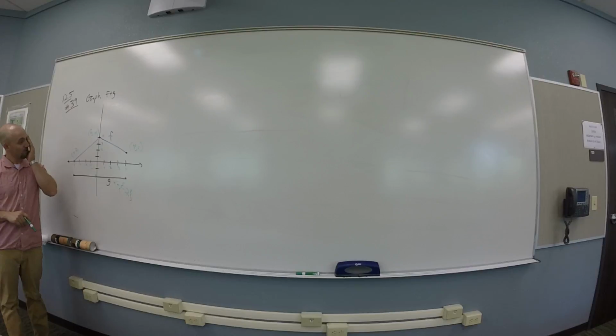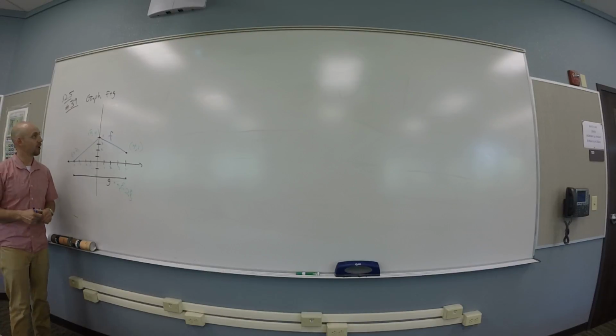Okay, so how do I combine those? I want to add these, right? So when do I add? Do I add at the inputs or at the outputs? Well, how about this?